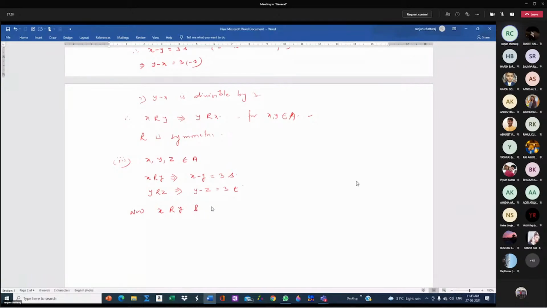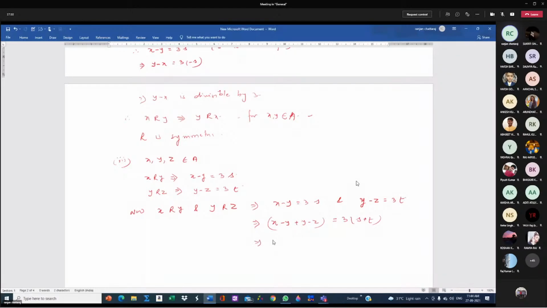x is R related to y and y is R related to z implies x minus y is equal to thrice s and y minus z is equal to thrice t. Now sum of these two: x minus y plus y minus z is equal to 3 times s plus t.